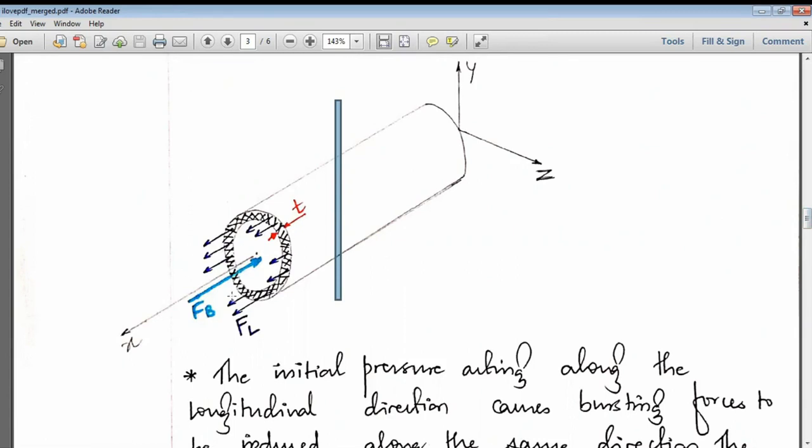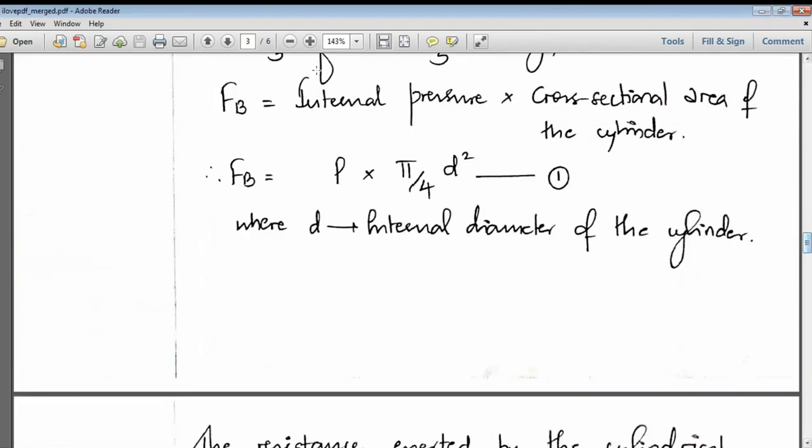So bursting force here will be given by the internal pressure into the cross-sectional area of the cylinder. What is the cross-sectional area of the cylinder? It is pi by 4 d square, where d is the internal diameter of the cylinder.